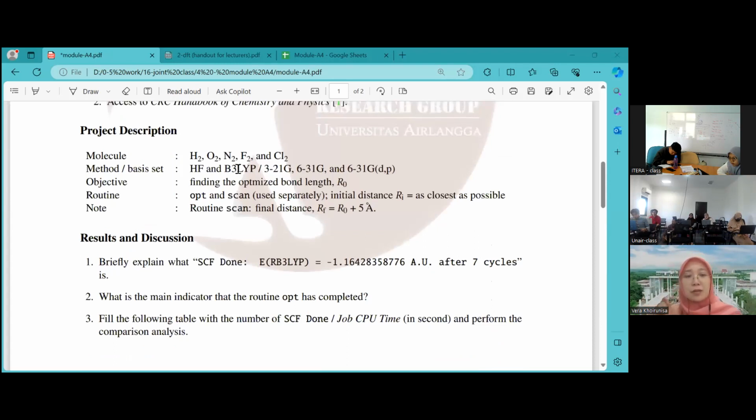For example, you choose 0.5. The step size is 0.5, so it will also be applied for H2, 0.5. For O2, also 0.5. So the same step size. Okay, understood? So choose the same step size. Okay, is there any question for the report? Is it clear?